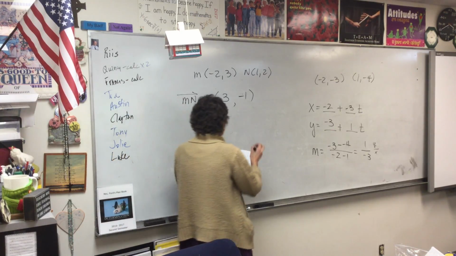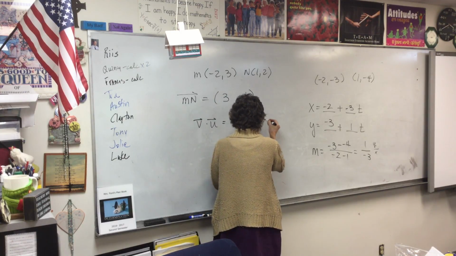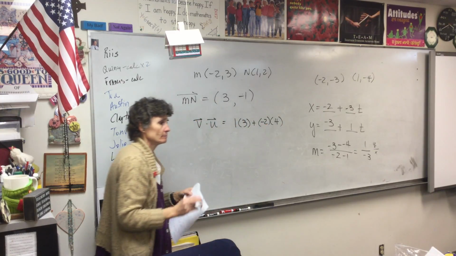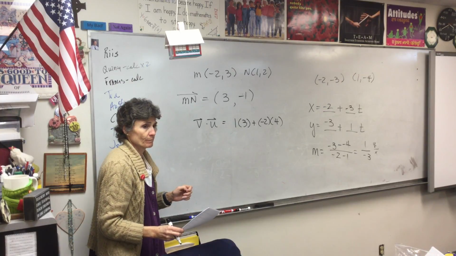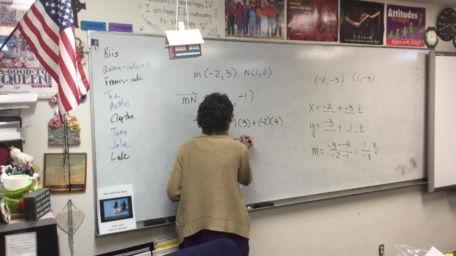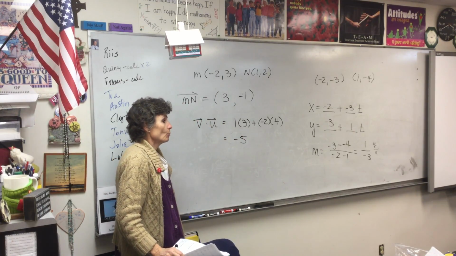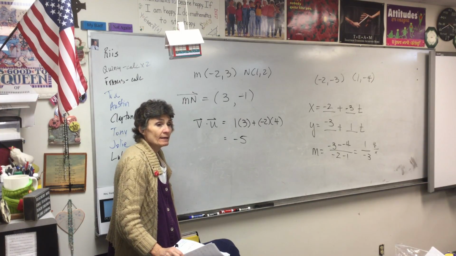X times X, so that would be 1 times 3, Y times Y, and add them up. So what's the answer? -5. To find the dot product, we do X times X, y times y, and add them up.